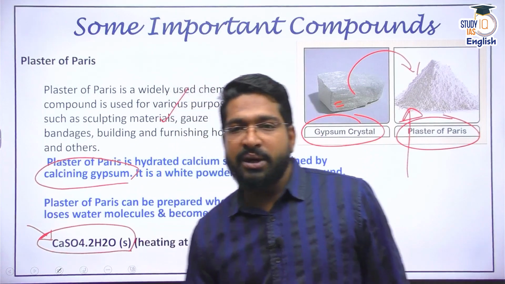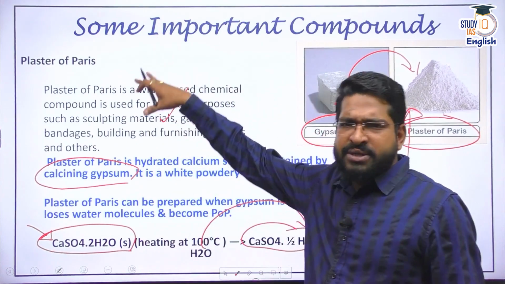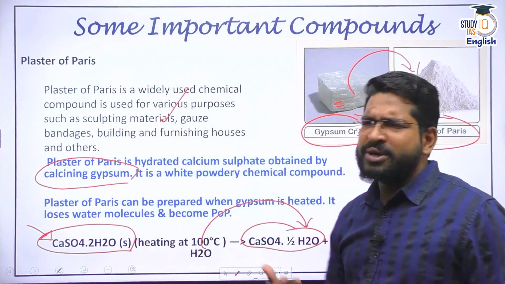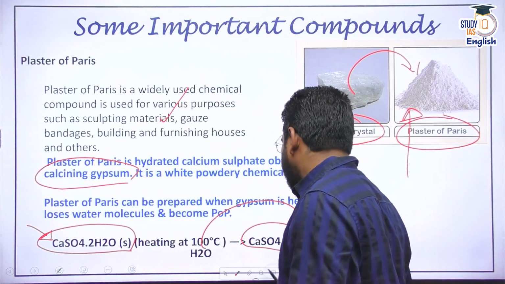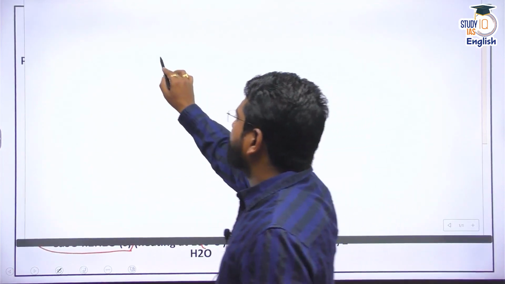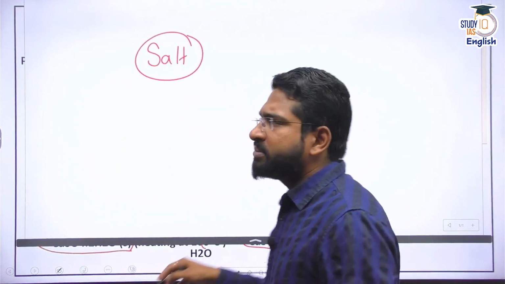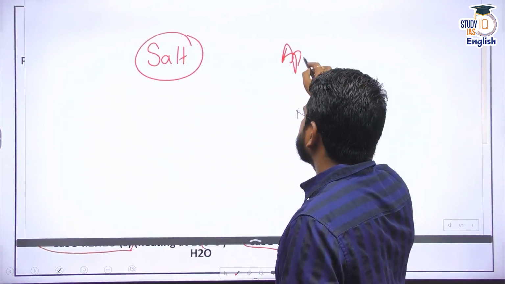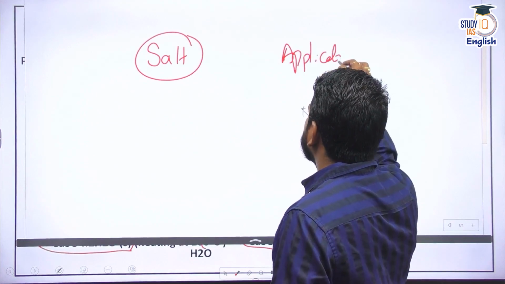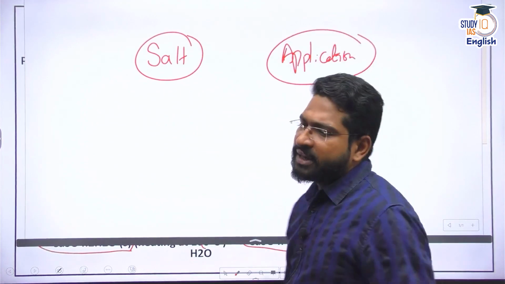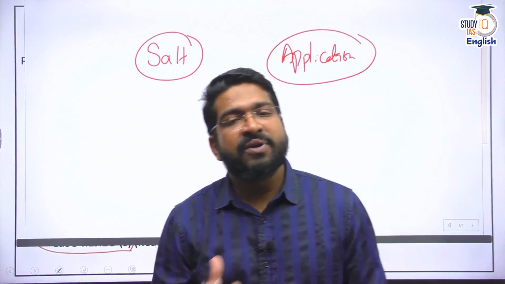So please remember these salts. Sometimes questions can be formed. For instance, if I have to create a simple kind of question, I can give you the name of the salt, and say probably its application on the other side, and I can create a question where you have different pairs.